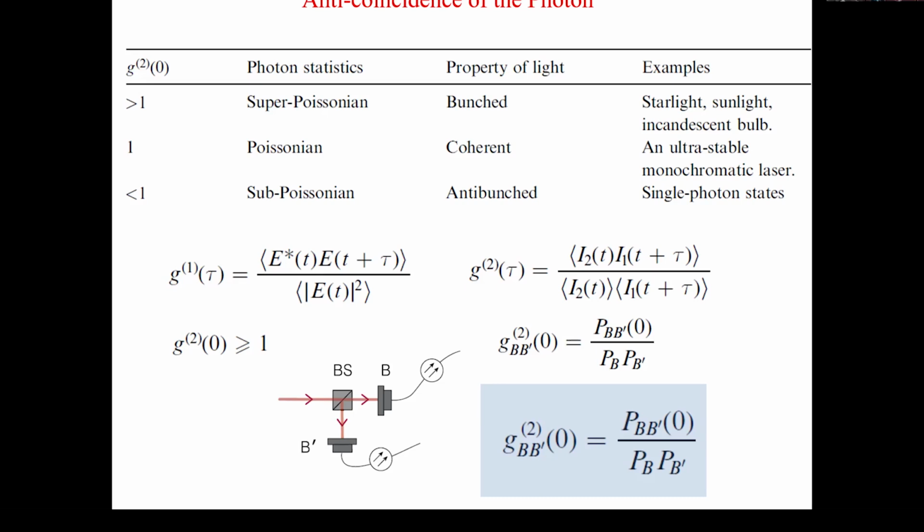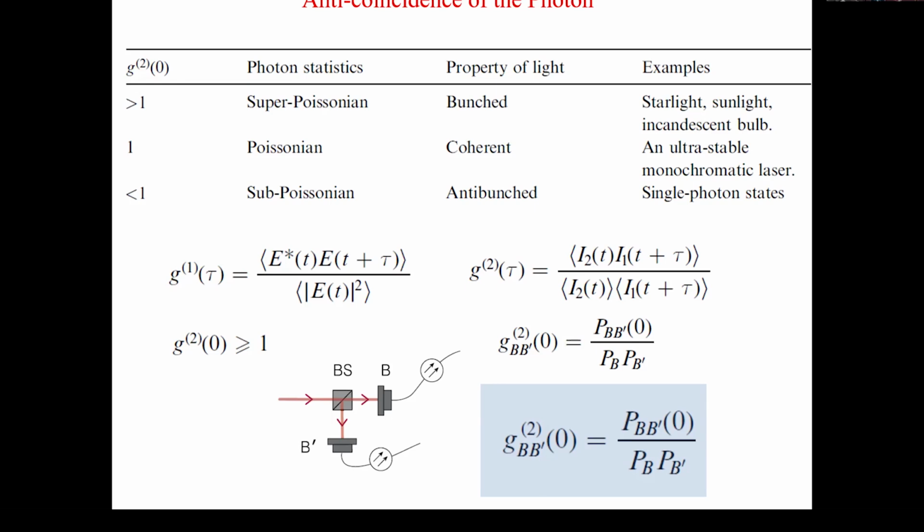Now suppose a beam of photons is coming in. I'm going to connect this with the photon picture and the experiments that I have described. A beam of photons is coming in, and we have a beam splitter, and there are two detectors, B and B prime, at the output. You would like to measure the correlation of counts between B and B prime, coincident when tau equals 0.